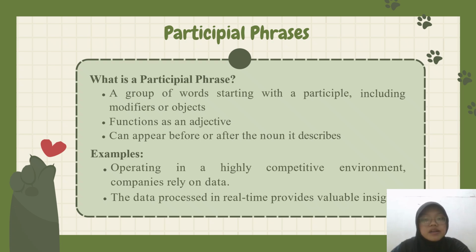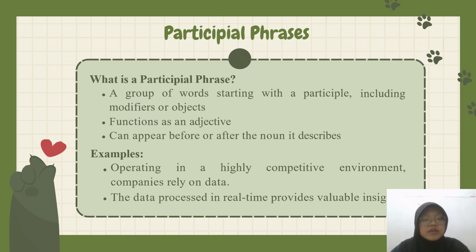This phrase can also include modifiers, adverbs, or other phrases that explain the participle, or the object of the action performed by the participle. Its main function: the entire phrase as a whole functions as an adjective. This means it will describe or provide additional information about a noun or pronoun in the main clause.